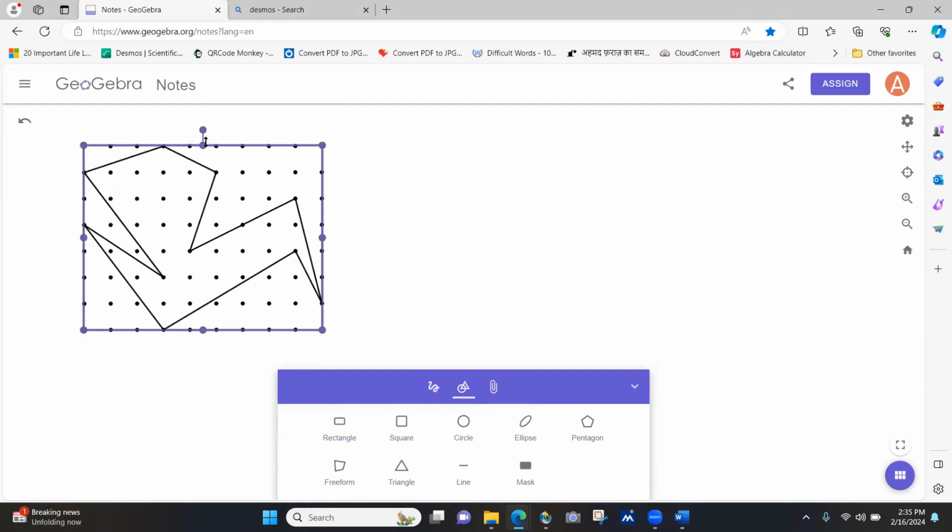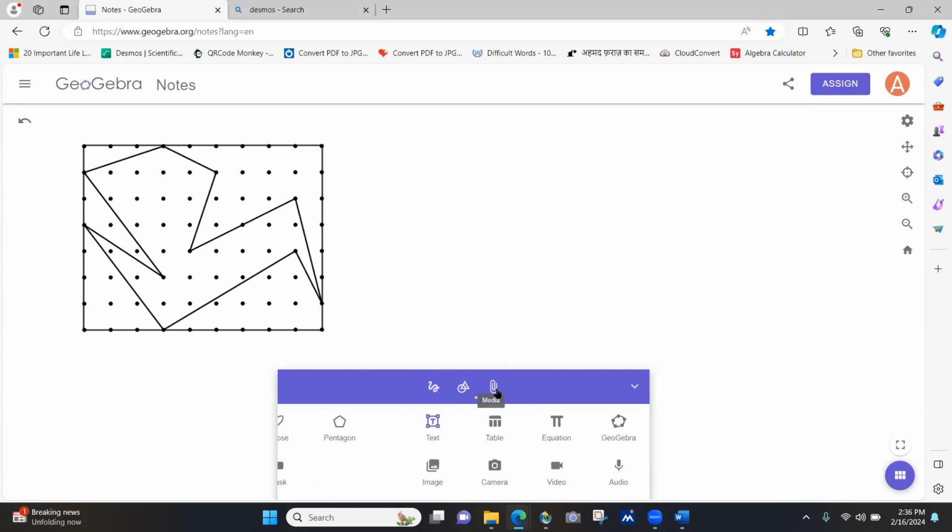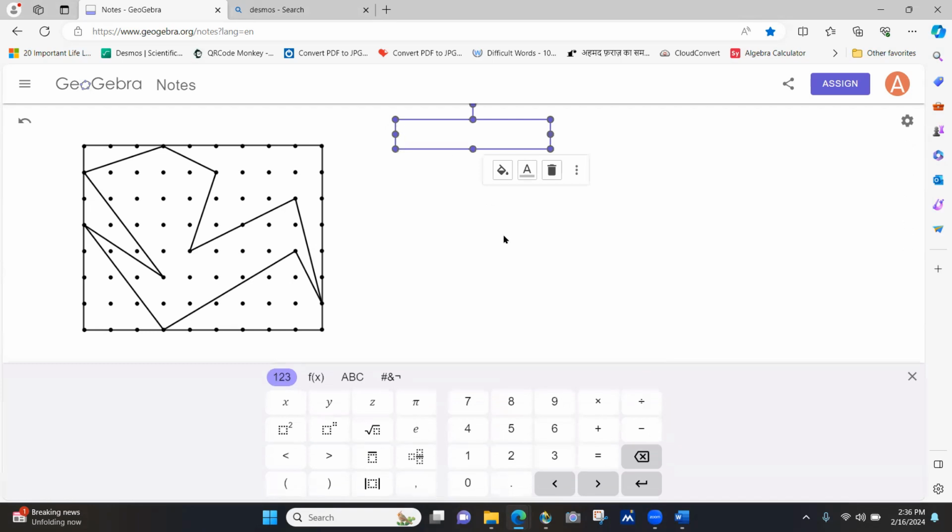around my shape. And the area of this rectangle is length times width, 1, 2, 3, 4, 5, 6, 7 times 1, 2, 3, 4, 5, 6, 7, 8, 9. 7 times 9 is 63. Let's write it down somewhere. 63.